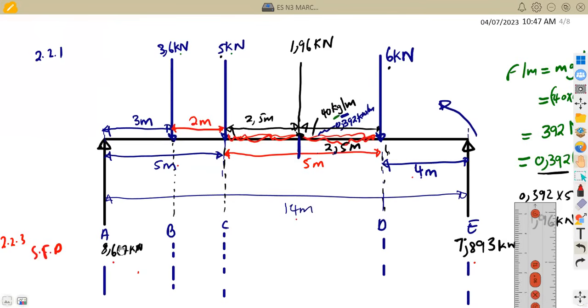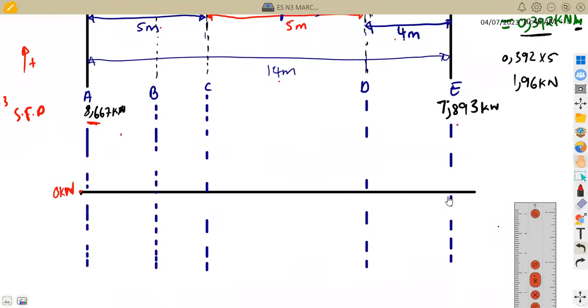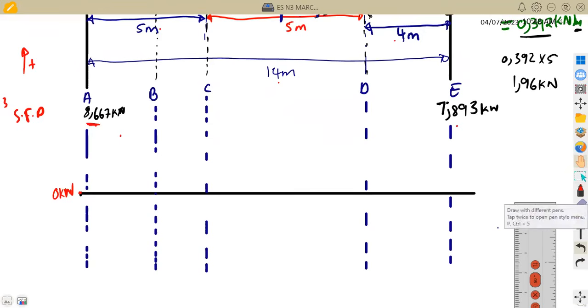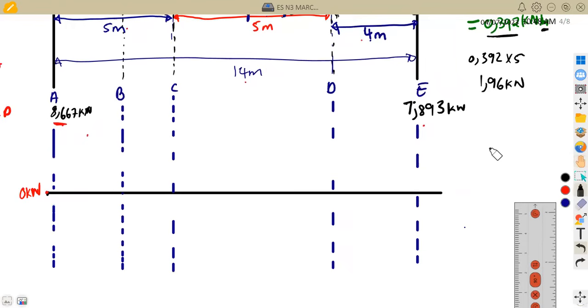So what are we going to do with this support? We are going to add, because the support is going up. So at 0, we are going to add 8.667, which is going to be 8.667.